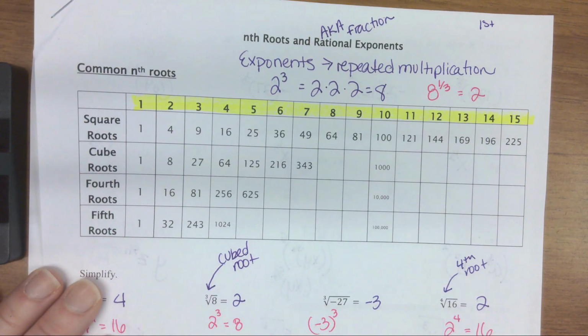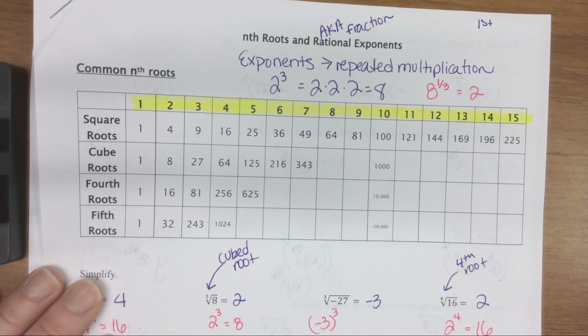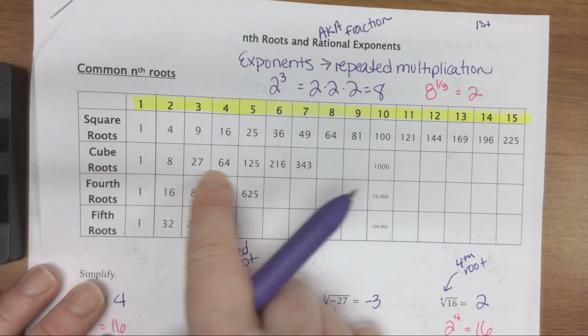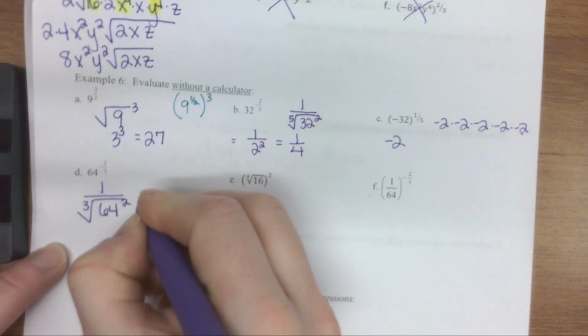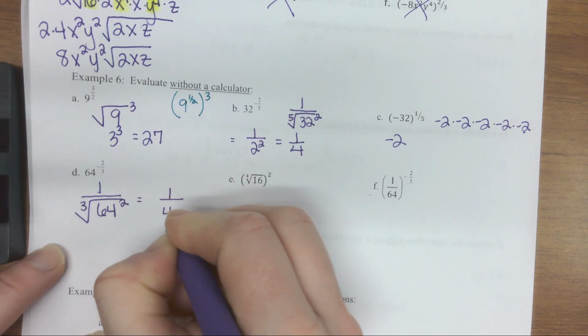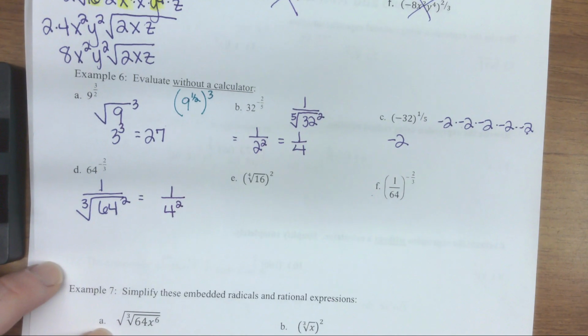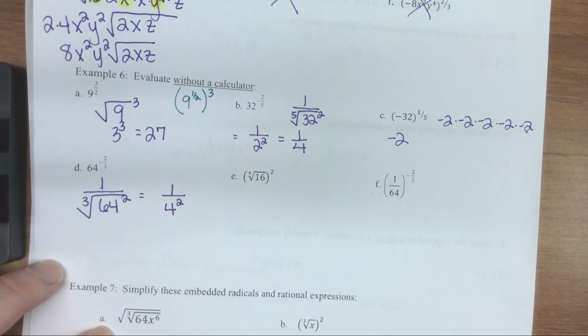The cubed root of 64 is 4. Okay, we're looking at cubed root. Cubed root of 64 is 4. So that's my first simplification. And then I'm going to square it. And what's 4 squared? 16.